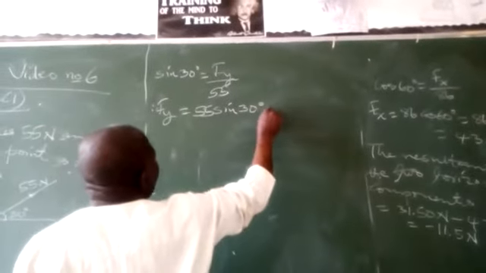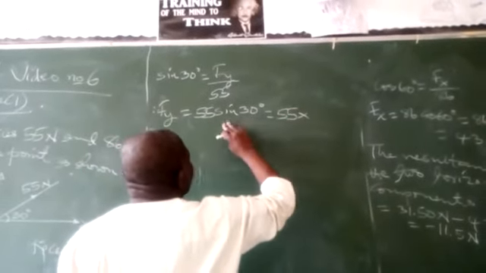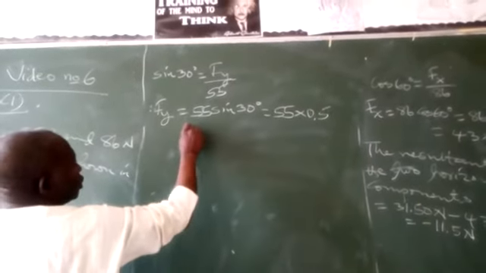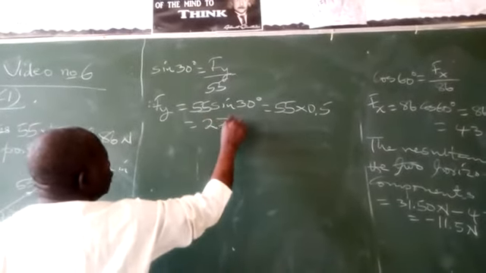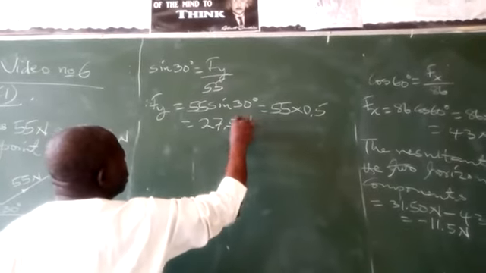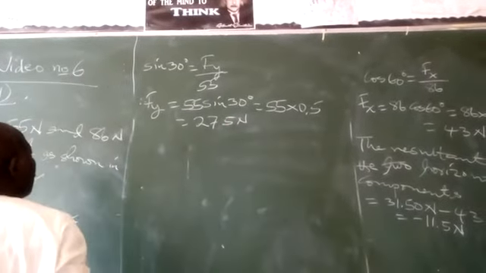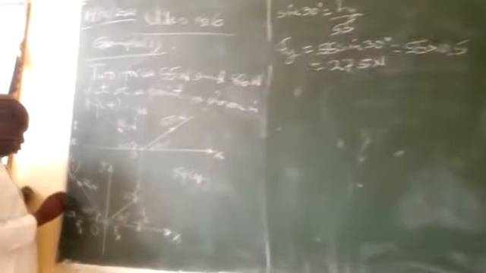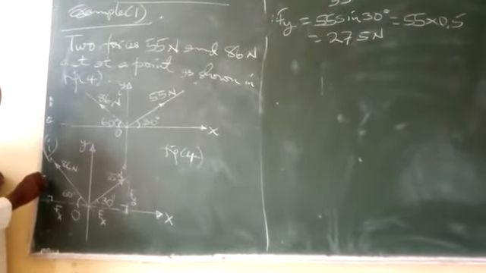Sine 30 degrees is 0.5. That will be 27.5 Newton.